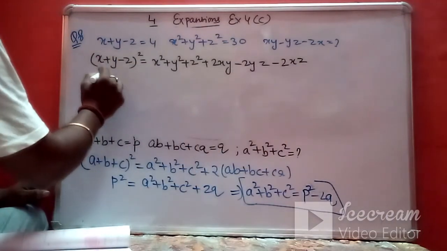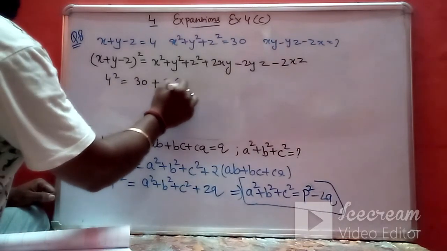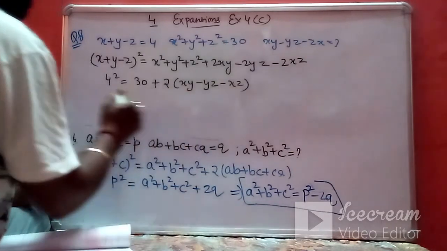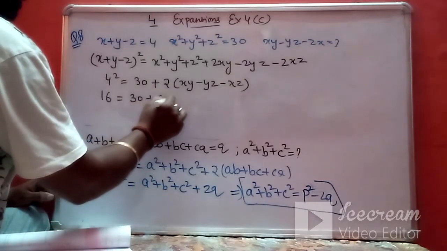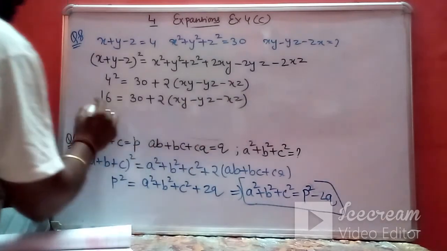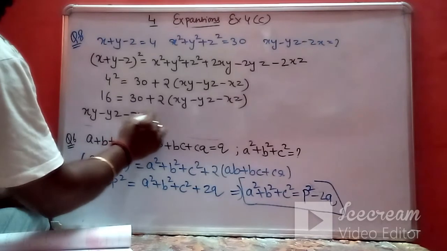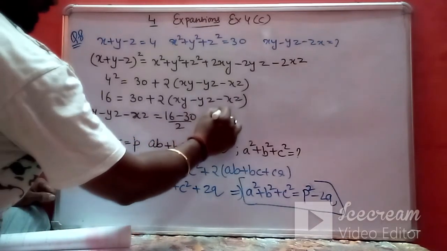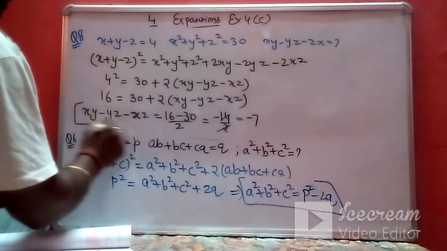So here I will put the value 4 square, this is 30, and I will take 2 as common. So this is 16 equal to 30 plus 2 into (xy minus yz minus xz), so xy minus yz minus xz equals 16 minus 30 upon 2, that is minus 14 by 2, our answer is minus 7.